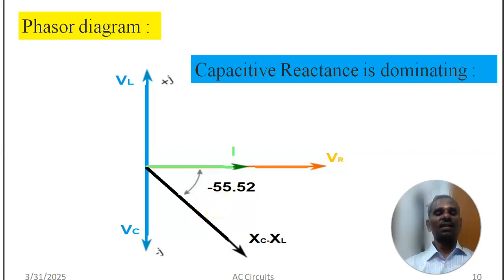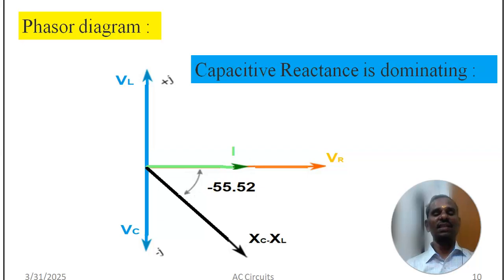So XL is at 90 degrees. Voltage is leading in the inductor circuit, whereas voltage is lagging in the capacitor circuit.